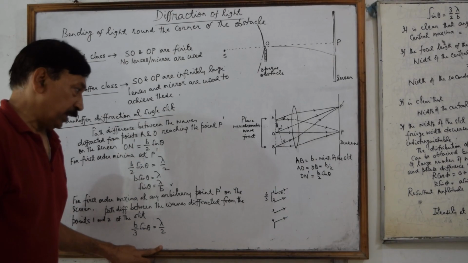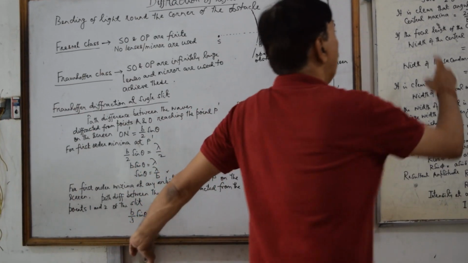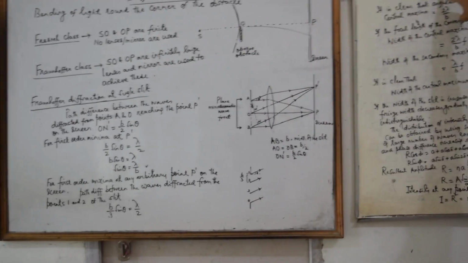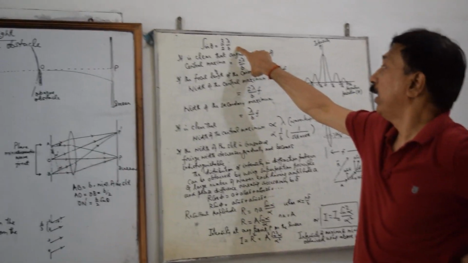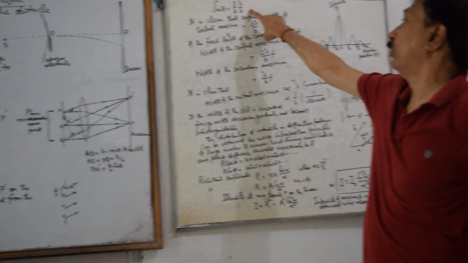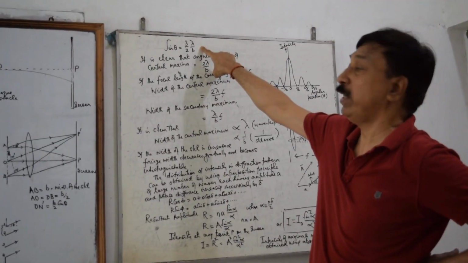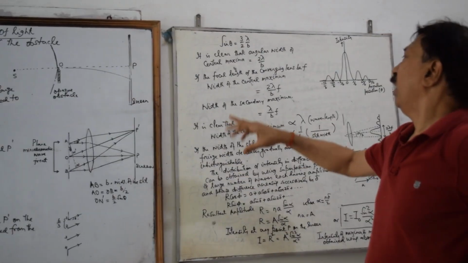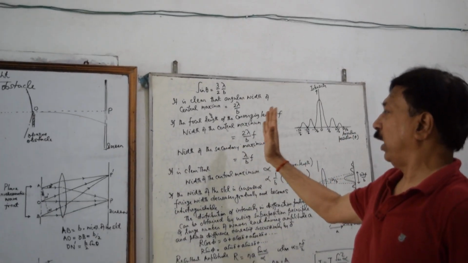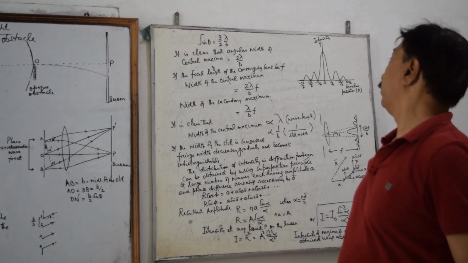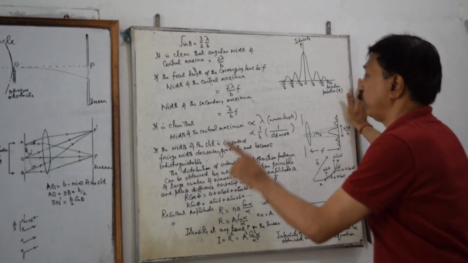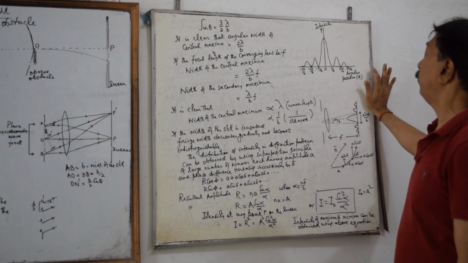We observe here that the angular position of the first order maxima is given by sin theta equals 3/2 lambda/b.